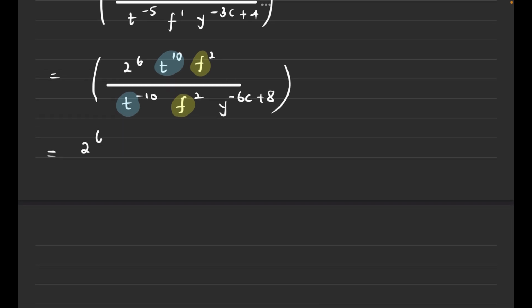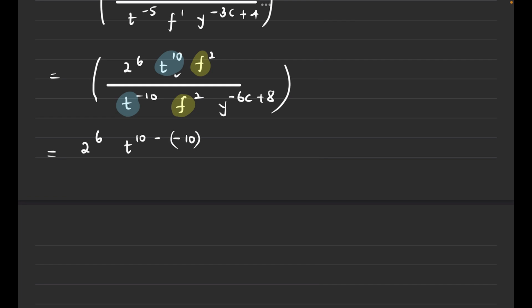So 2 to the 6 over there. And then I'm going to bring the t that is on my denominator on top there. So what I'm going to have is t to the 10, which is this one, minus 10. You see that?